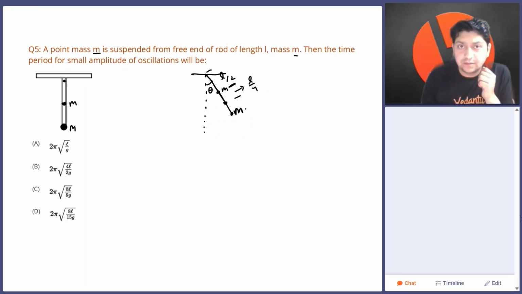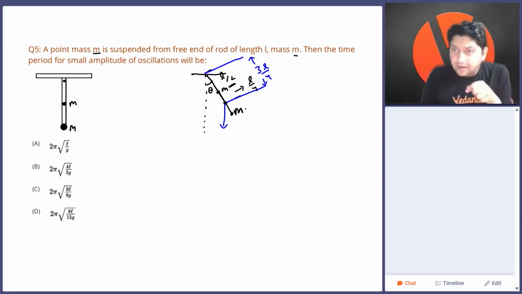Okay, so let me represent this, that the distance from here to here is 3L by 4. And over here the total weight will be acting in the vertically downward direction. So the total weight will be nothing but 2 mg, because the total mass is 2m, right? And that's it.